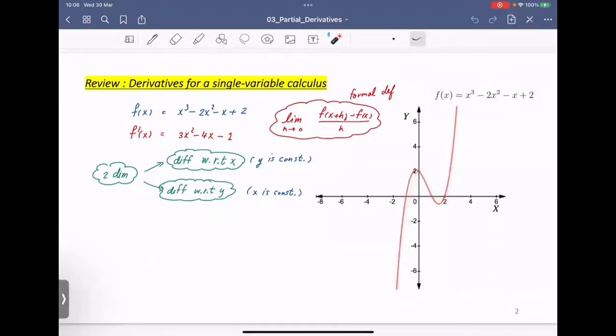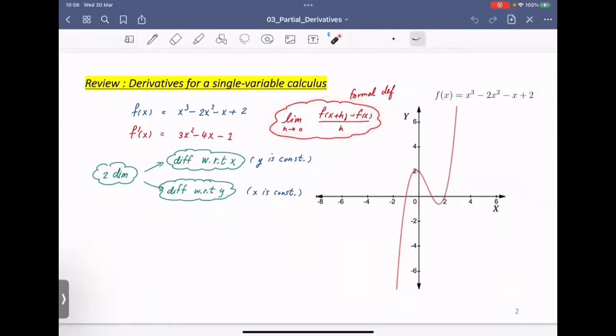Well, basically in calculus 1, you can define the derivative by using limits. If you take the limit of (f(x+h) - f(x))/h, this is the formal definition of the derivative.